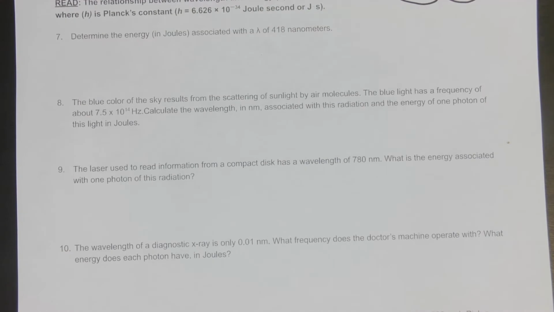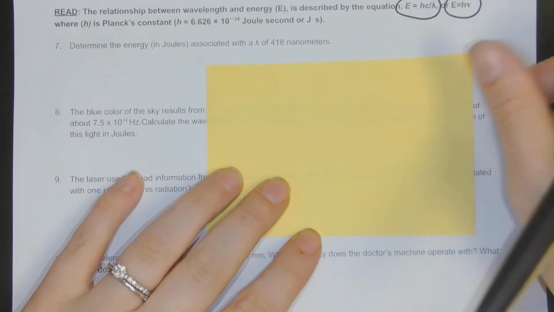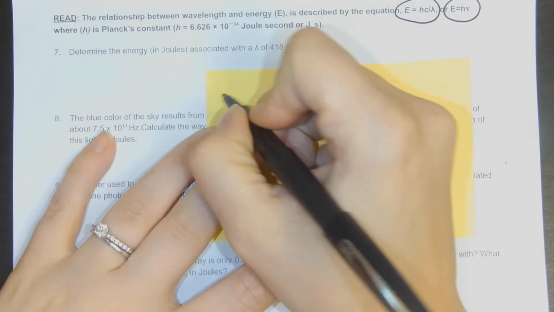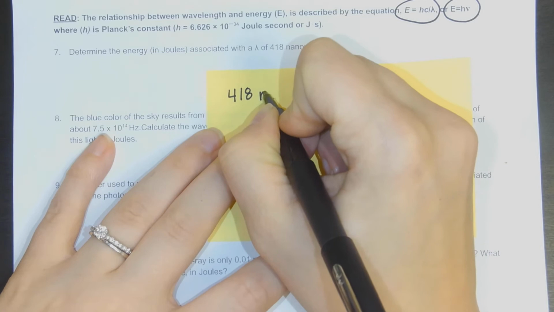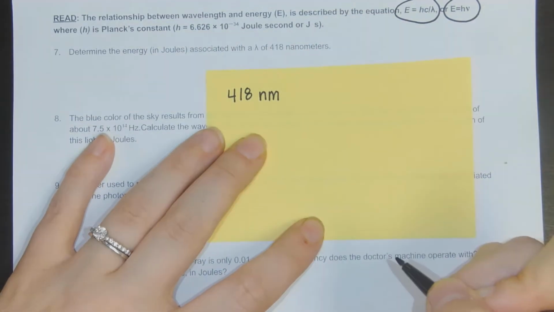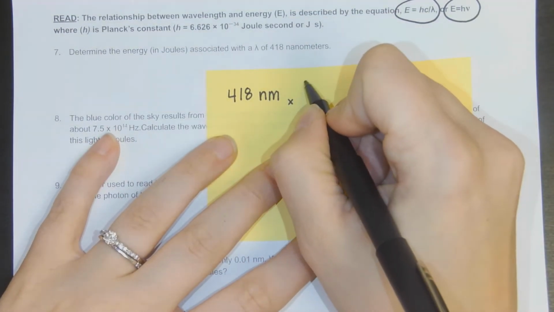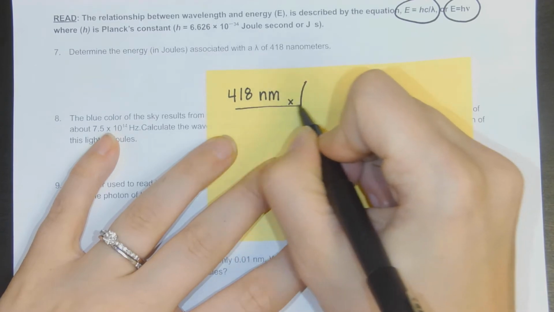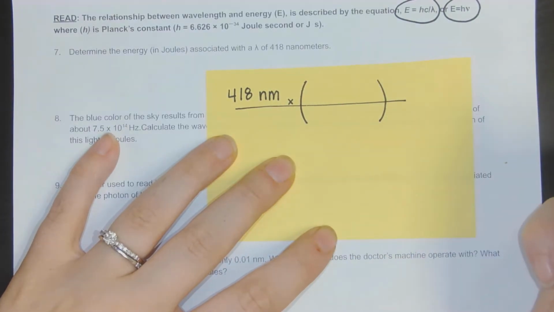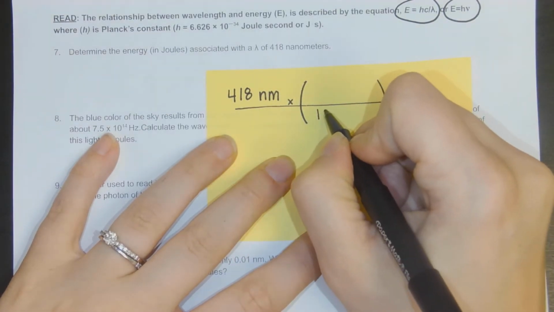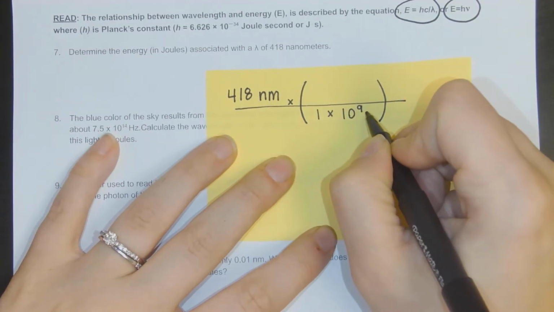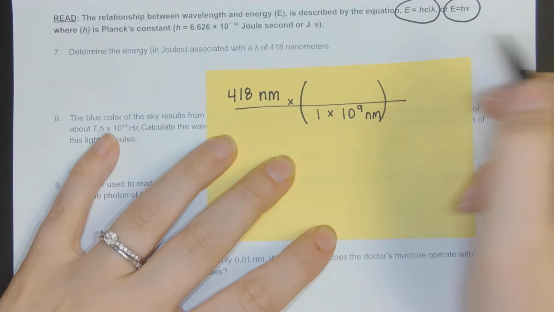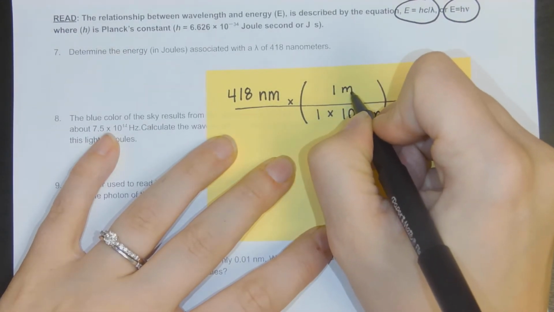So off to the side on this yellow paper, if I was going to convert, I have 418 nanometers. I know that there's 10 to the 9th nanometers in a meter.